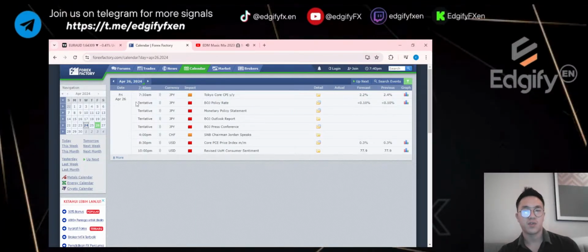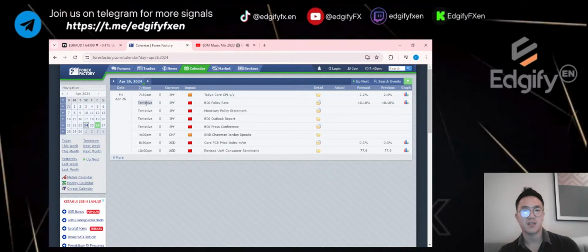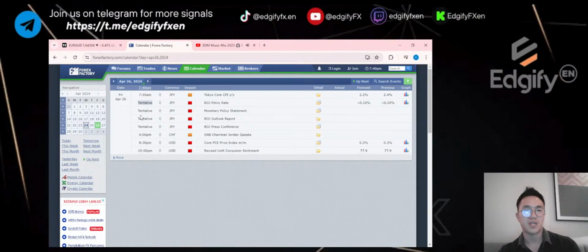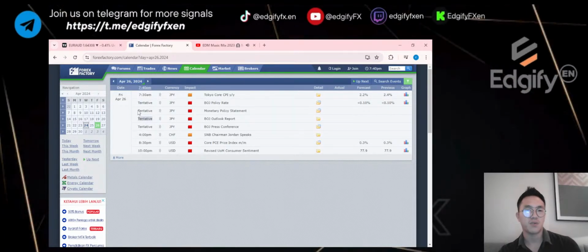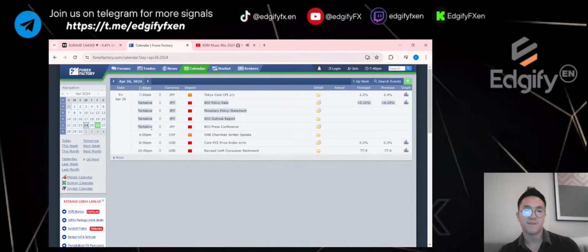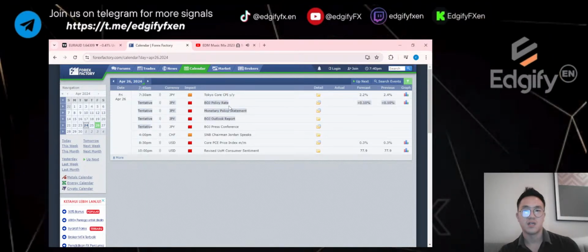Looking at the time frame here, it's tentative. It could start at 7:30, at 10 o'clock, at 11 a.m., at 12 p.m., or maybe in the evening. We never know what time these news are going to release.